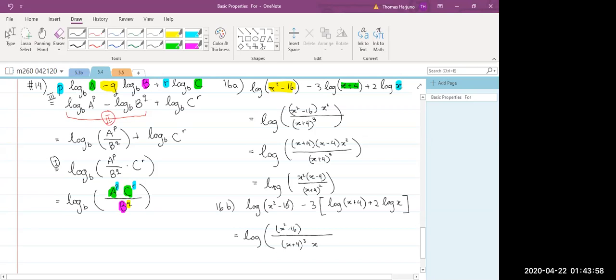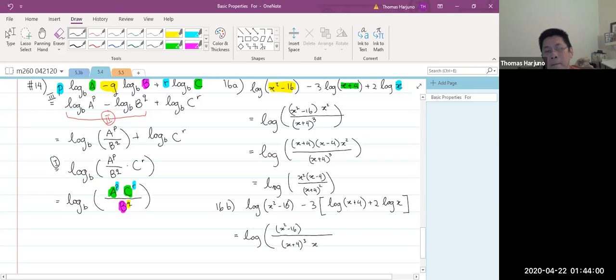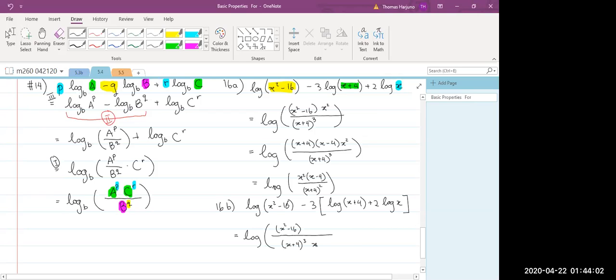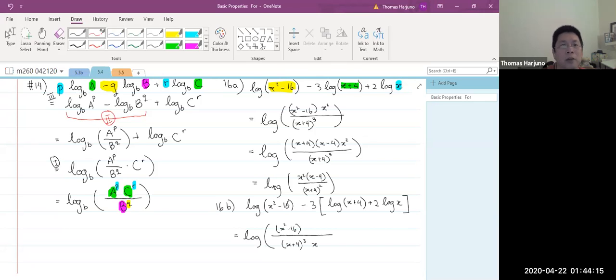Because before the negative sign, log x plus 4 and 2 log x would be considered one group. So when you distribute the negative sign, they both change. Yeah, because distributing the negative 3 makes the coefficient negative, right?